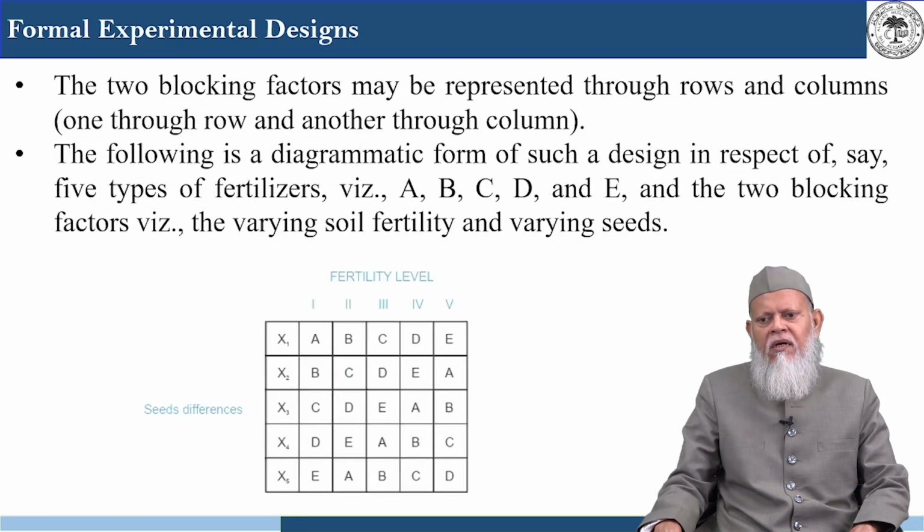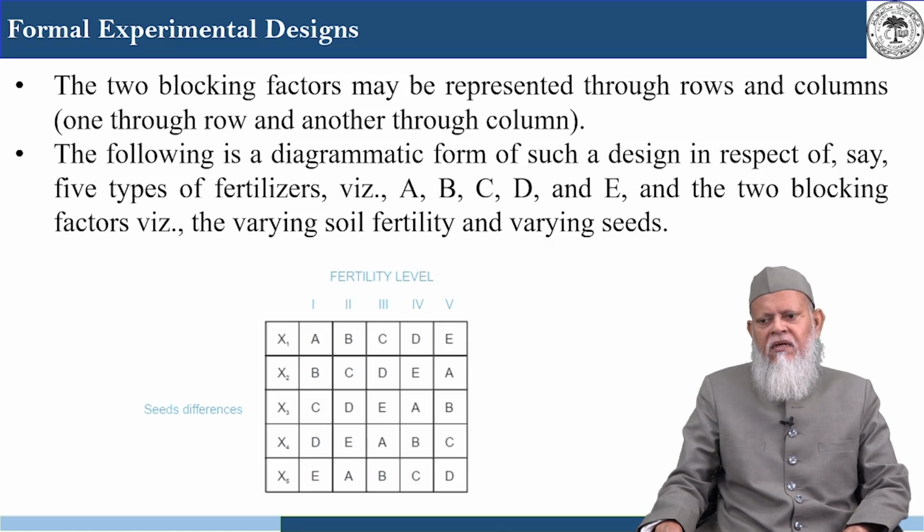So, in the diagram, we have the fertility level or the difference in fertility, and in the row and in the column we have the difference in the seeds.